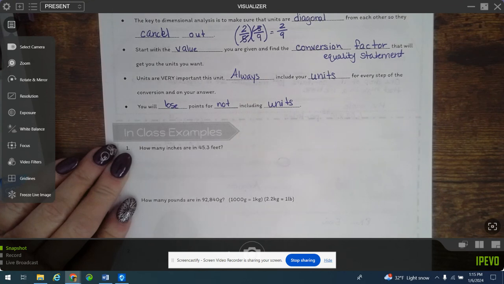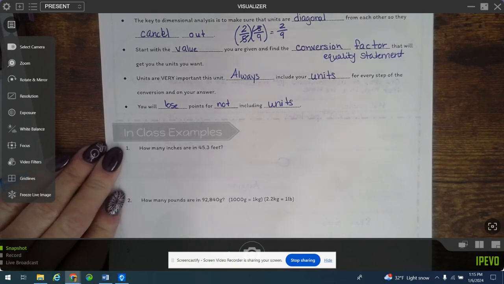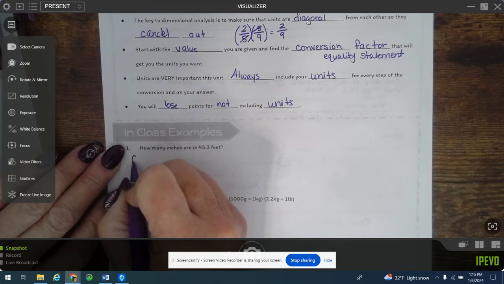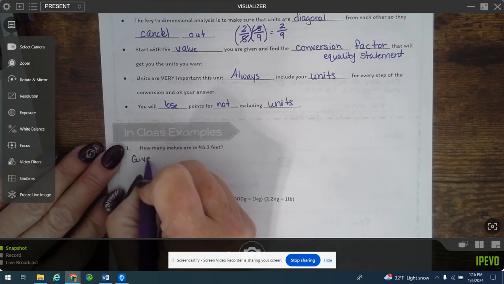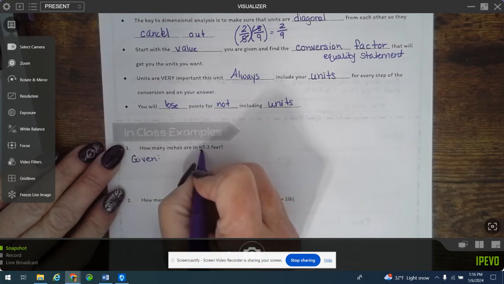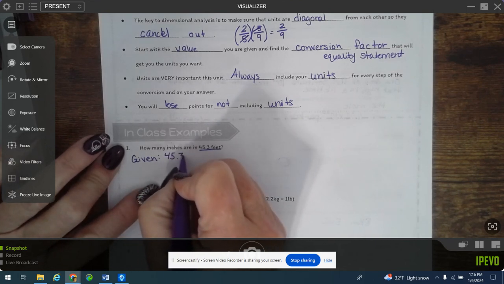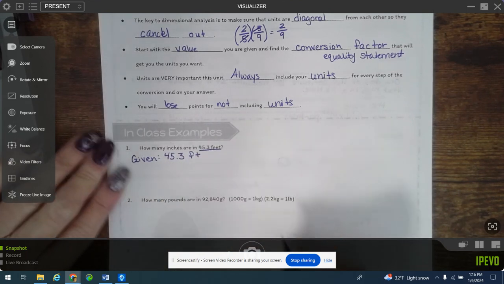But right now, until I tell you, you need to write this down so that we can look at the problem and address it the right way. Okay, so in this problem, our given, or our known, is 45.3 feet.